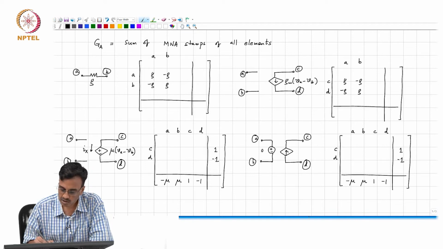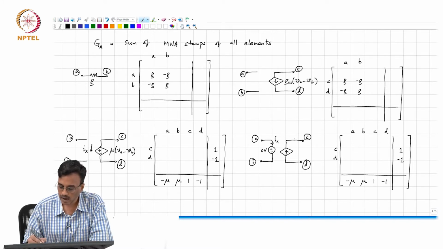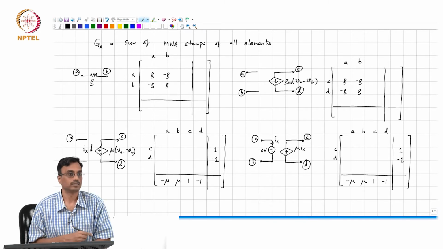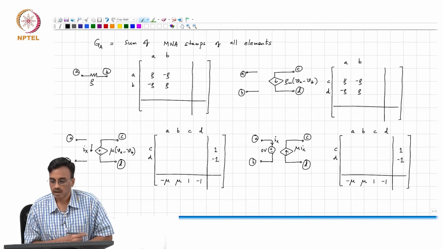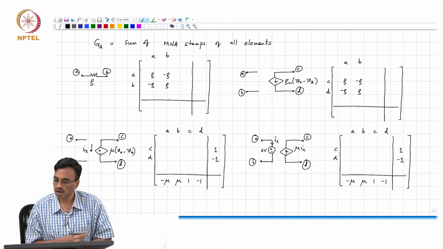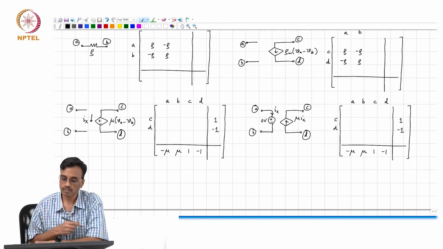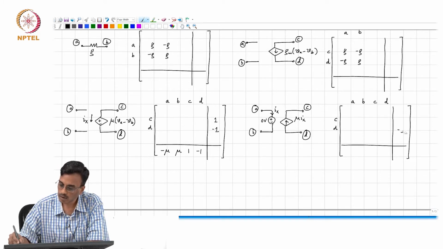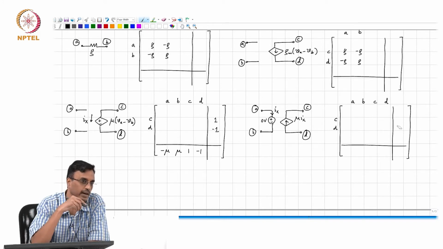So this is 0 volts, and so this is Ix, and this is mu times Ix. What comment can we make about the MNA stamp of this? How many extra variables do we need now?